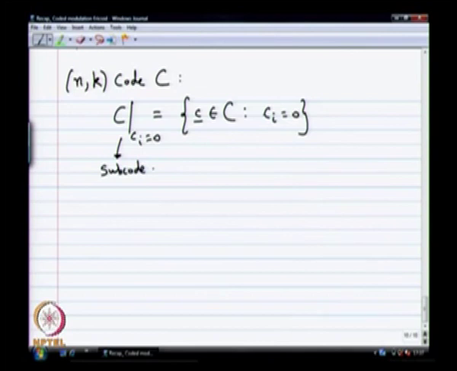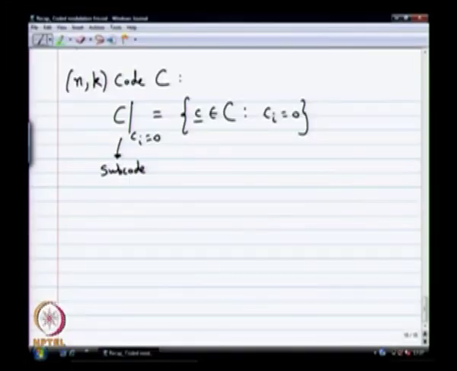So this will be a subspace, and you can also show there are only two possibilities for its dimension. One is k itself, the other is k minus 1. So think about what it means.